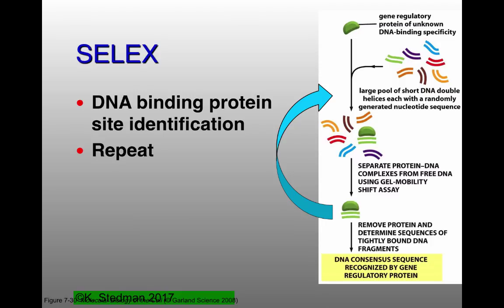Often this will be by a gel mobility shift assay, because you'll see all of these different DNAs, all different sequences, there'll be a few that have a shifted mobility because of the protein which is there. Then you take that DNA out and you sequence it and you say, oh, I've got a sequence now which is binding to my particular protein.